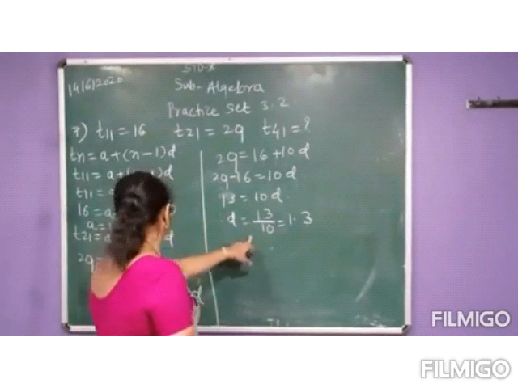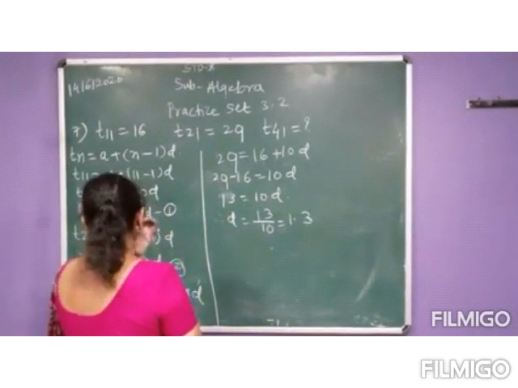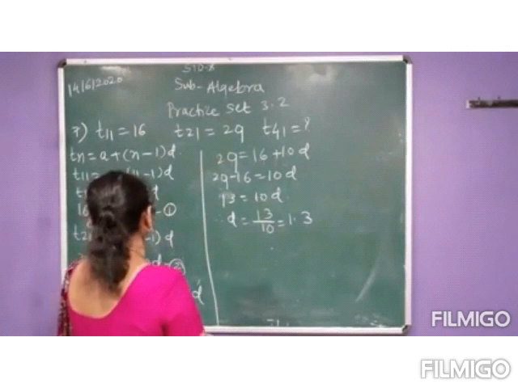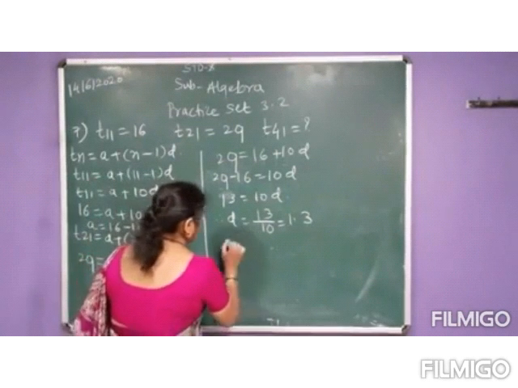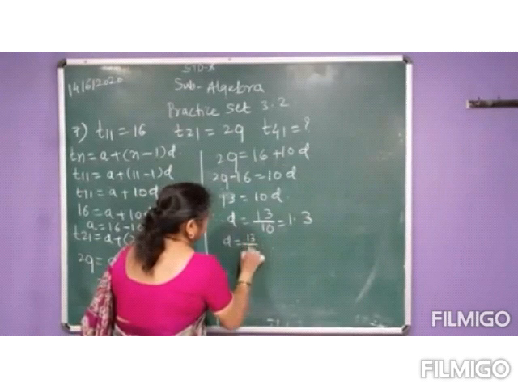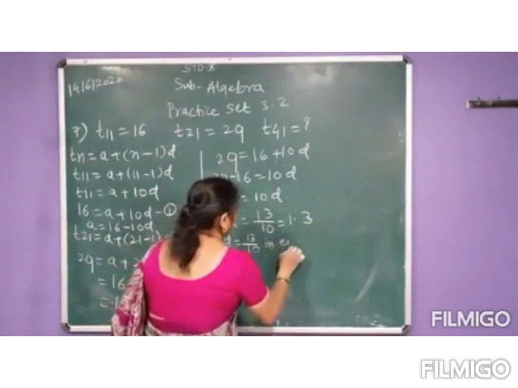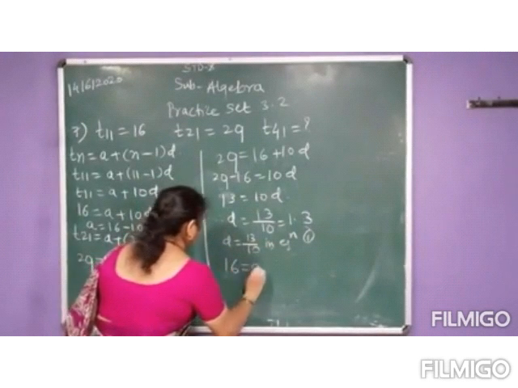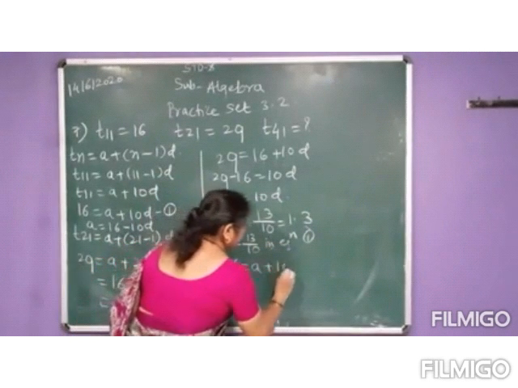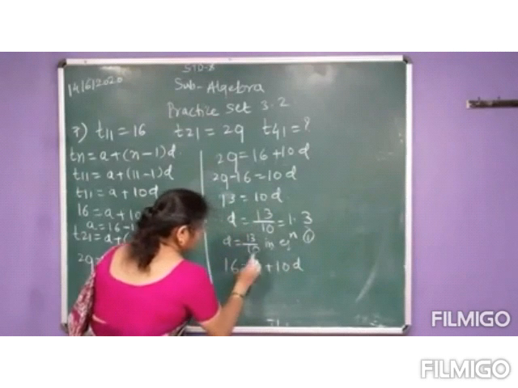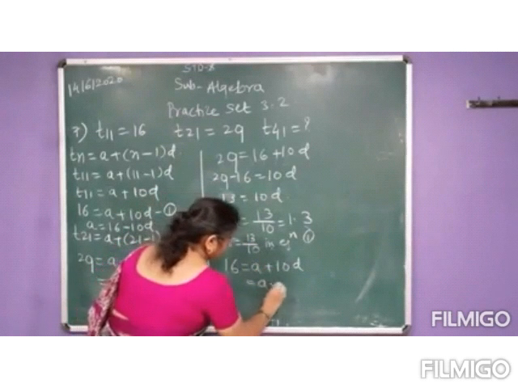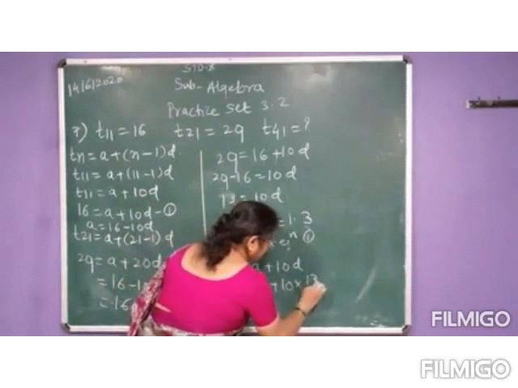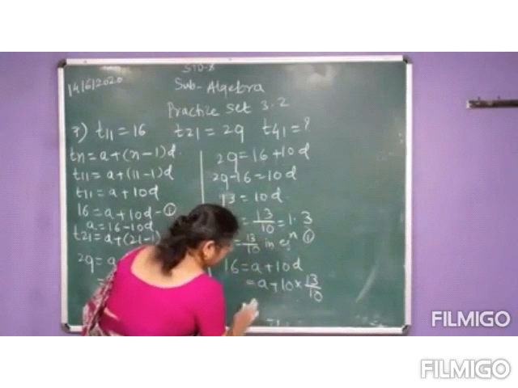Now this you can substitute in any of the equations. Suppose you take the first equation. So substitute D is equal to 13 upon 10 in equation 1. So 16 is equal to A plus 10D. D is here 13 upon 10. 10 into 13 upon 10, 10 will get cancelled.